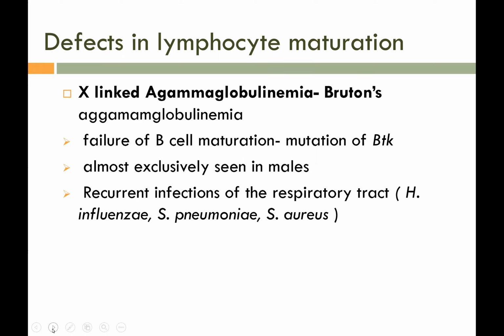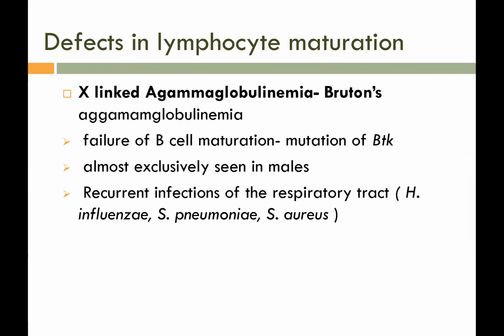Now, the next one would be defect in lymphocyte maturation. So this is what we call X-linked agammaglobulinemia, or what you call Bruton's. So you won't forget when you look at the word Bruton, that should also remind you of BTK.